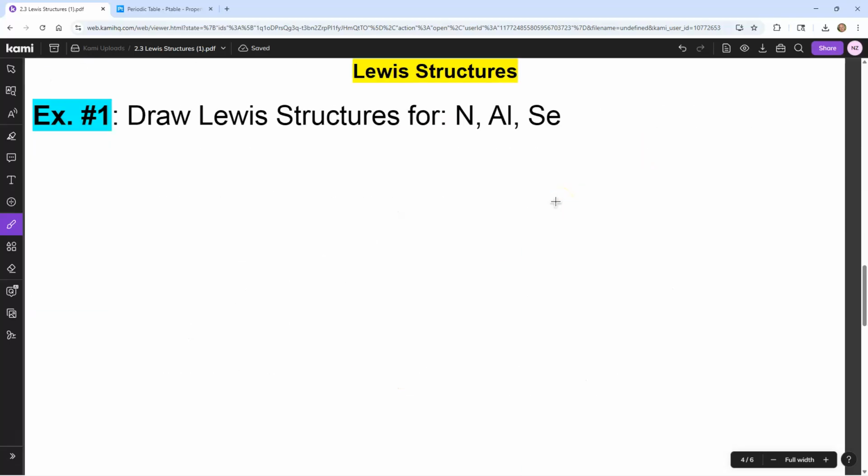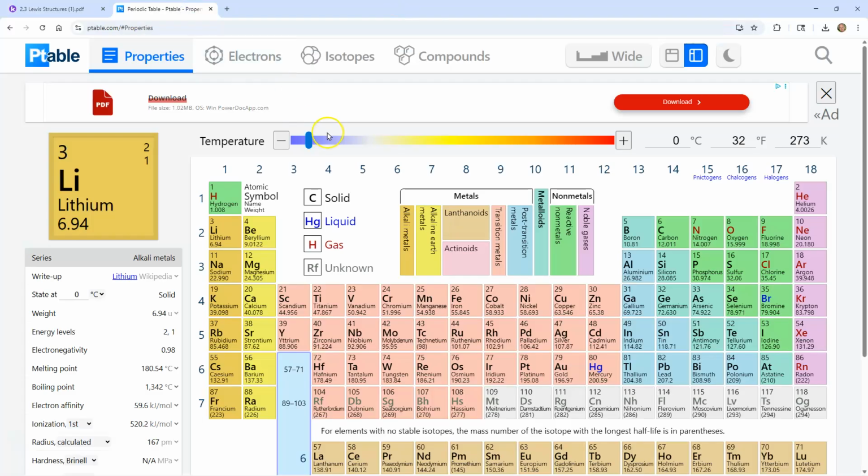All right, so let's do nitrogen, aluminum, and selenium. So first step, we draw the symbols. So I have nitrogen, I have aluminum, and I have selenium. Let's start with nitrogen. So going from left to right, we're going to count the groups. We're going to ignore this middle section, our d block on the periodic table.